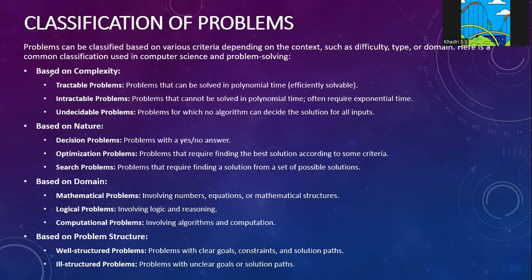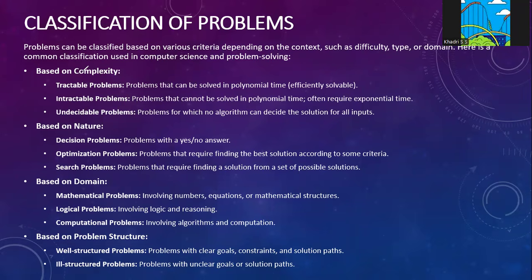You might have seen this in data structures, complexity, right? Which is the best and shortest path algorithm, BFS, DFS, right? Here, based on complexity, there are tractable problems, intractable problems, and undecidable problems. These are the three based on complexity.